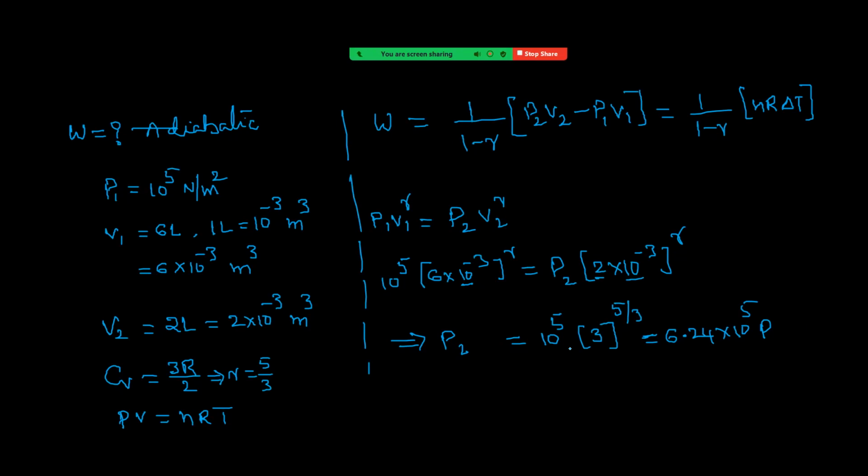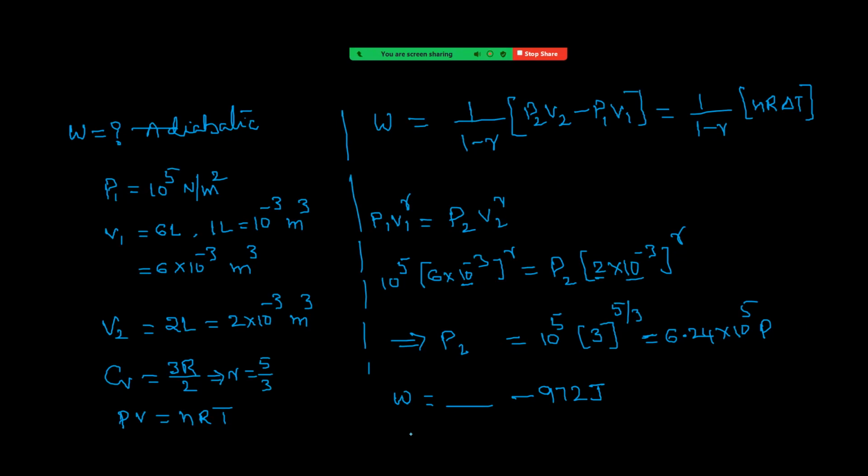Right. Now using this, P2 V2: P2 is known, V2 is known. In the same way, P1 V1 are known. Substituting the values, we get the answer. You can check the calculation part once. That answer is approximately 972 joule.